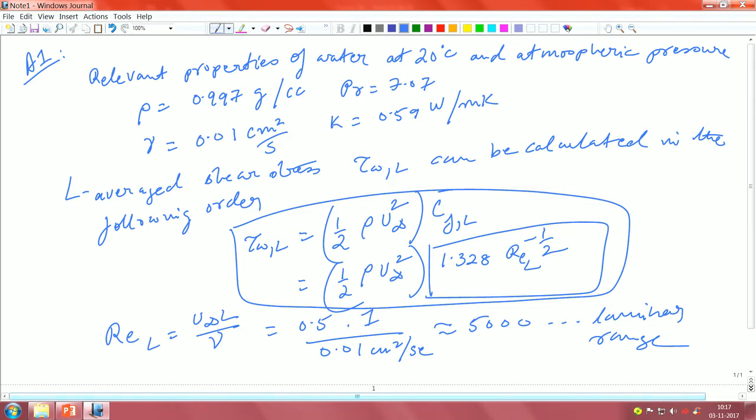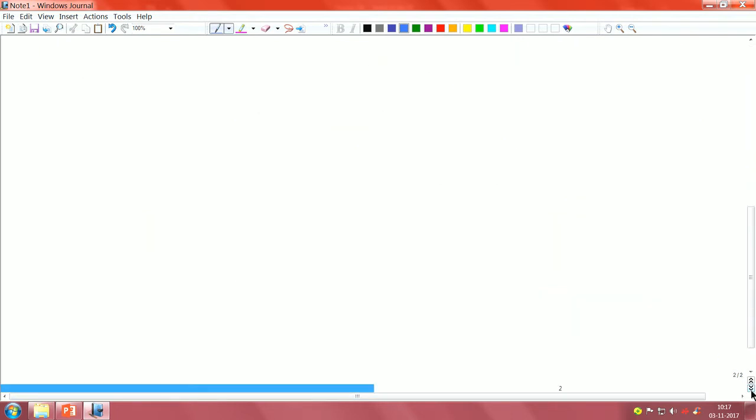Now, based on this, let us move to the next one. You can find out tau wall by plugging in the values of all these numbers. Basically you have half into 0.997, that is the density, and you just do the unit conversions also, which I am not showing here, into 1.328 into 5000 to the power of minus half.